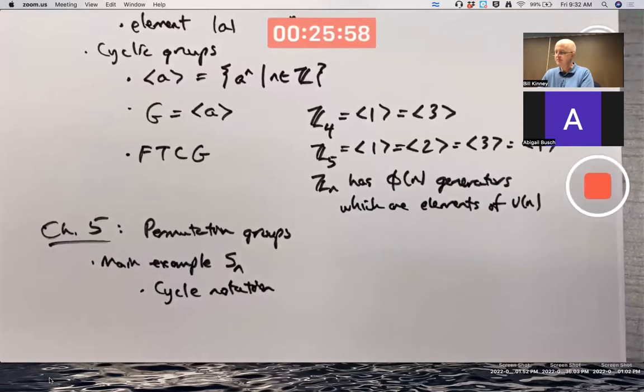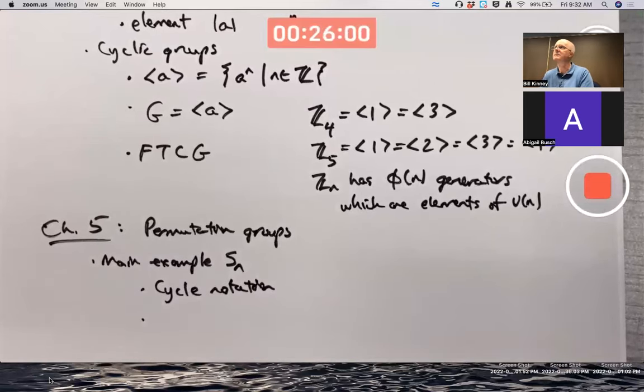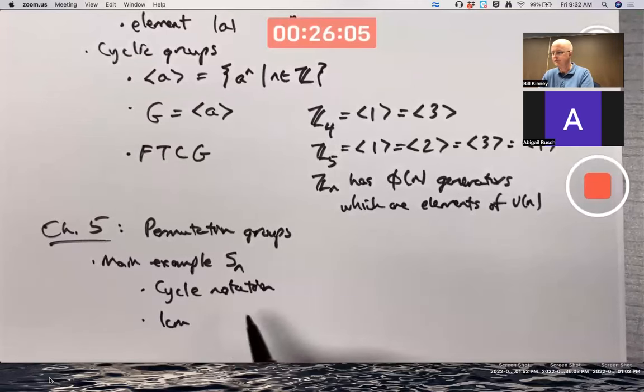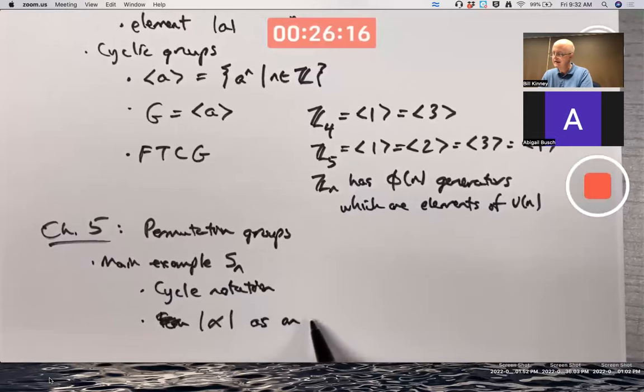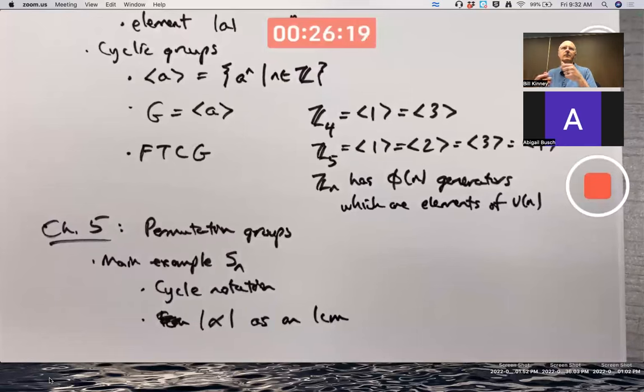Secondly, things like disjoint cycles commute, and that the order of a permutation, if it's written in disjoint cycle notation, is the LCM, least common multiple, of the orders or lengths of the individual cycles. If they're disjoint cycles, there are no common numbers in them. If you're confused, look at examples. We've done them before.